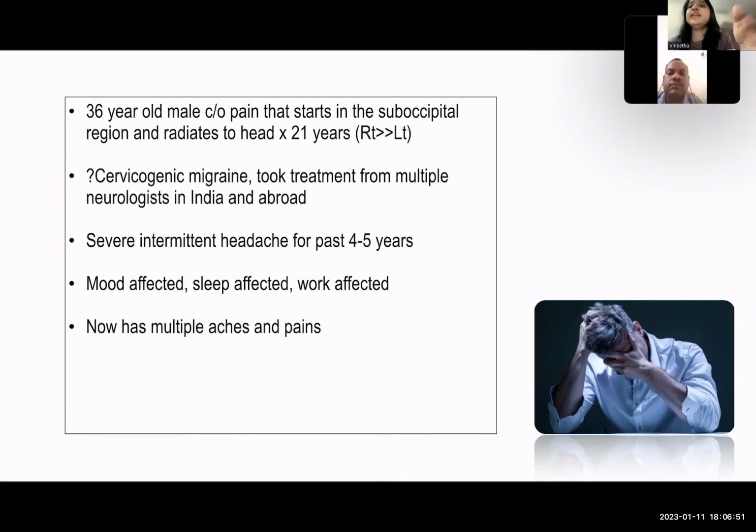Since then, he has been taking treatment from multiple neurologists and multiple other physicians from India as well as from abroad. For the past 4 to 5 years, he has had severe intermittent headache of the intensity of 10 by 10. His mood is affected, sleep affected, work affected. And now he has multiple aches and pains. He has upper back pain, neck pain, leg pain, and everything.